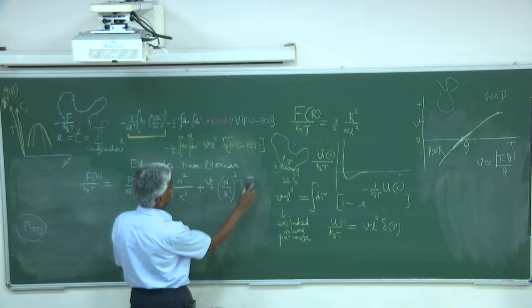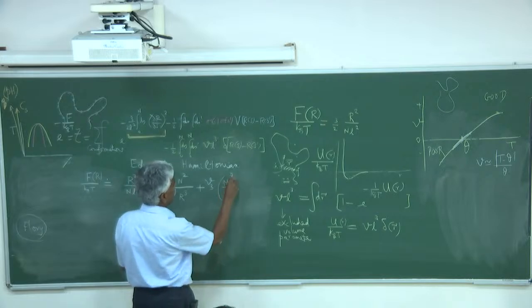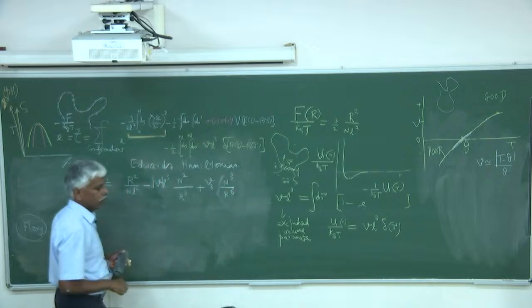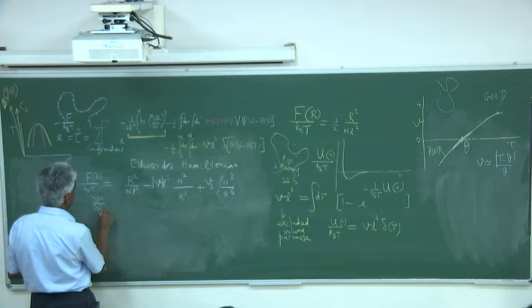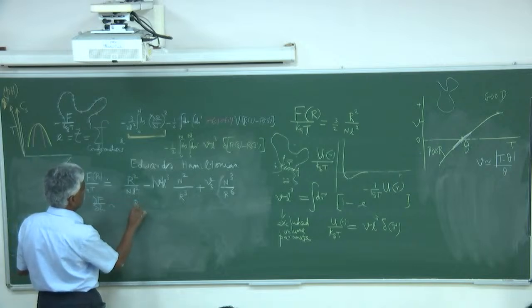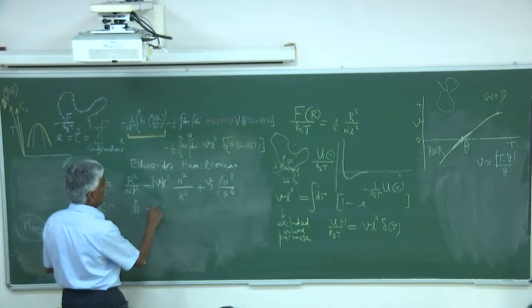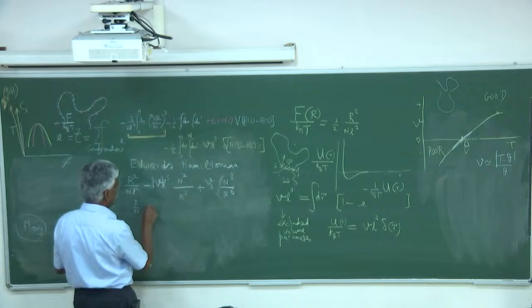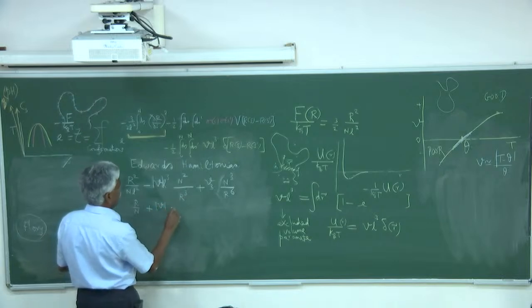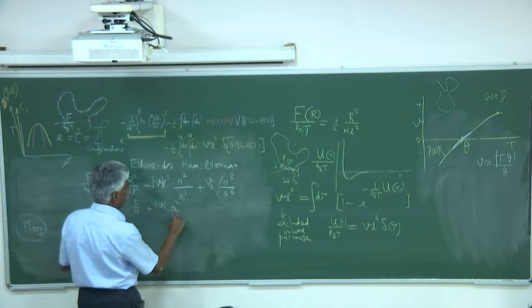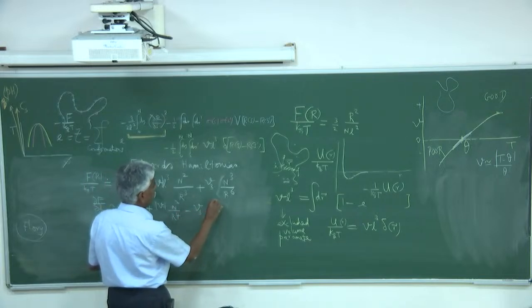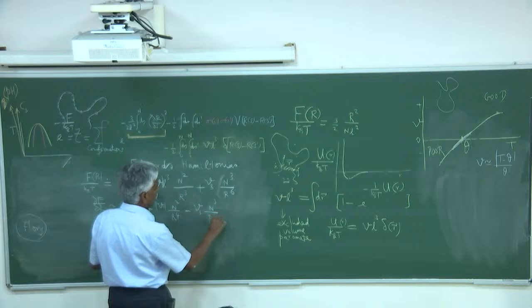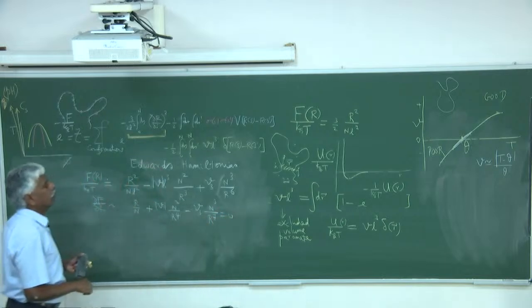You can do it on a calculator if you wish, because it is not a very simple quadratic equation, but it turns out these two terms dominate over the first, because when they are collapsing, intuitively you can think entropy is not going to be important. When you balance it out, you get r going like n to the power 1/3, times V3 by modulus of V2 to the power 1/3.